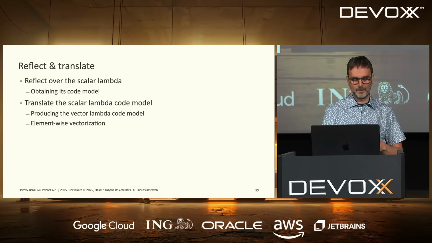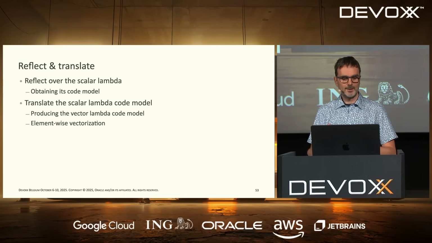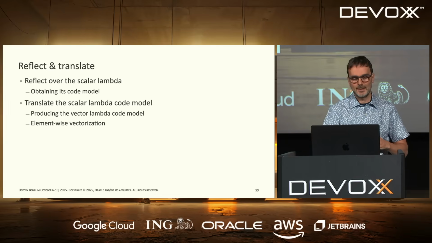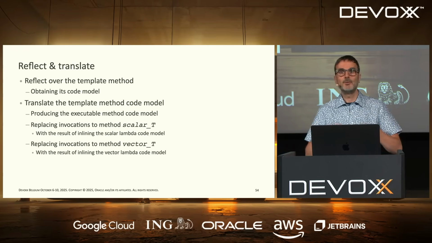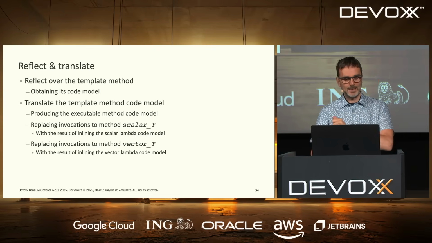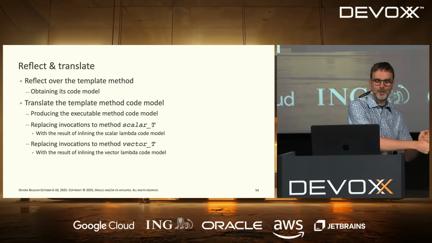So in summary, what I do is I reflect over the scalar lambda, obtaining its code model. I translate the scalar lambda code model, producing a vector lambda code model, and perform element-wise vectorization on it. And then I reflect over the template method, obtaining its code model, and I translate the template method code model, producing the executable code model.